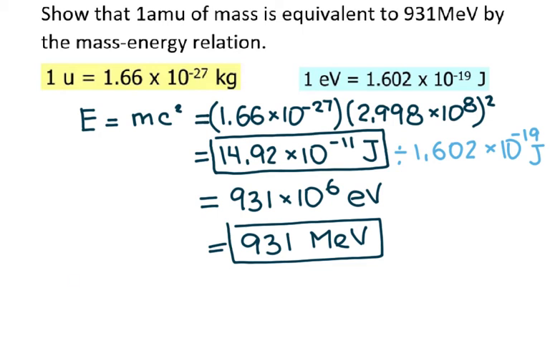So 1 U is equal to 931.5, the exact number, mega electron volts over c squared.